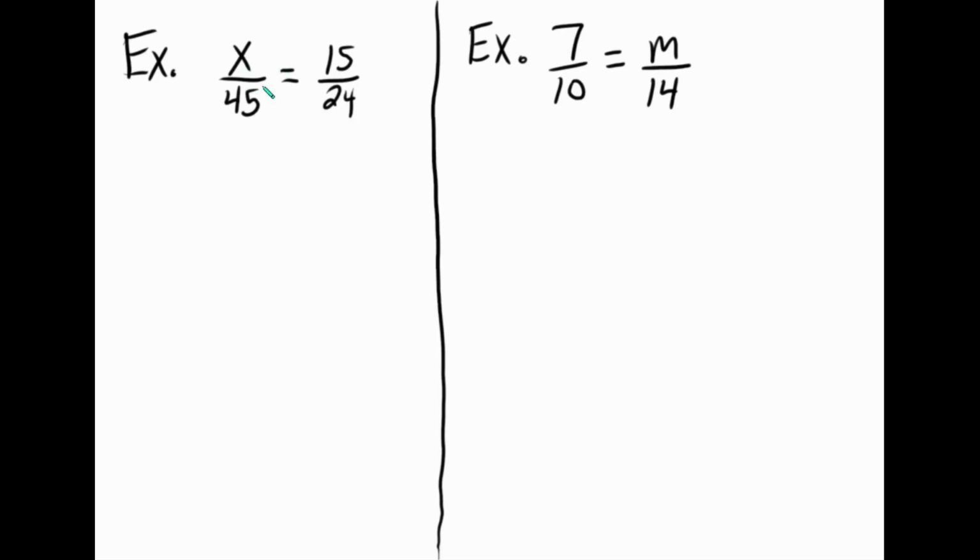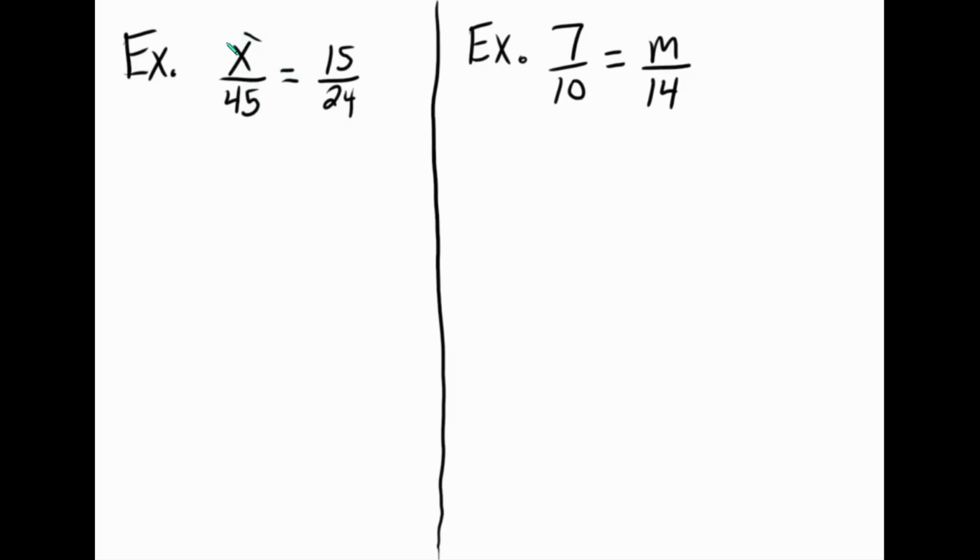So if you look at my example over here to the left, we are trying to solve for a value of x over 45 equal 15 over 24. So the process to be able to solve for the value of x, solve for that solution, is we need to utilize what is called cross multiplication.